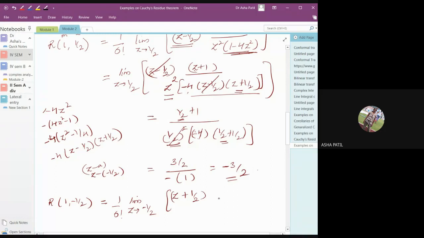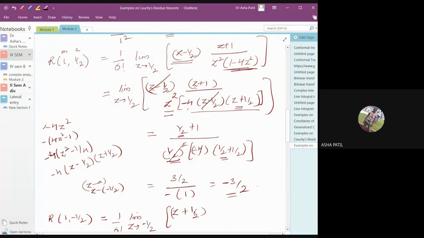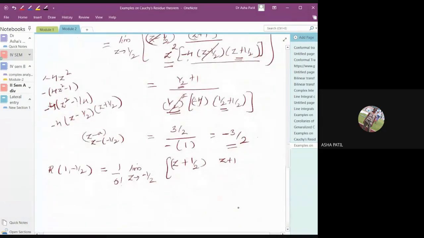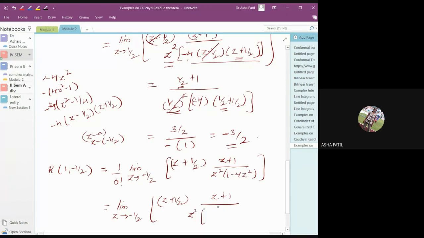Right? Then the function z plus 1 divided by z square into 1 minus 4z square, or else you can write the term directly. Already you have simplified it. Z tends to minus 1 by 2, z plus 1 by 2, z plus 1 divided by z square into, what are the factors? Minus 4 into z minus 1 by 2 into z plus 1 by 2.